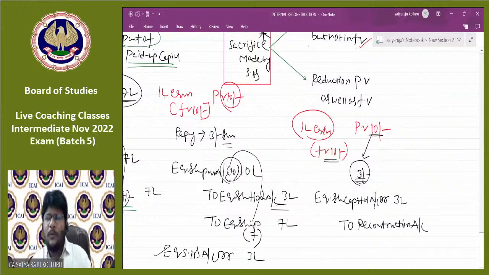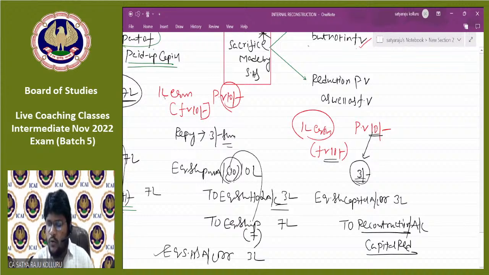But we are in the process of reconstruction, that's why I put it as reconstruction account. Or maybe, since it happened due to the capital reduction, you can put it as capital reduction account as well. Out of the 2 accounts, any account you can use. Tell me, guys, in the books of the selling company, whenever you attain any profit or loss, you transfer to realization. In the same way, whatever the profit or loss we derive during the process of internal reconstruction, we need to transfer to reconstruction or capital reduction account. Why? What is our ultimate objective?